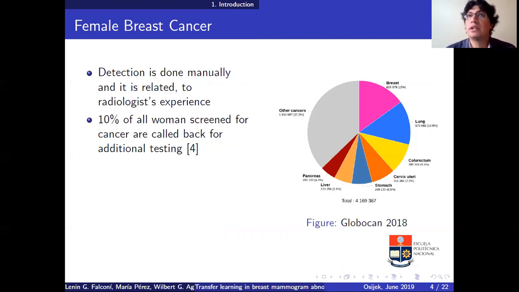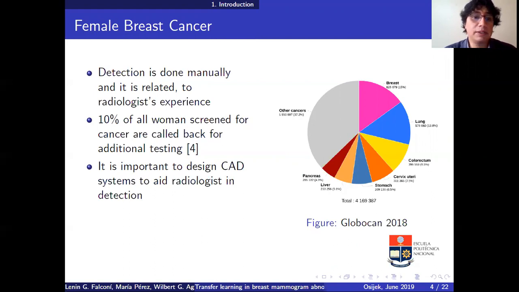I know this is a drawback in the procedure, since being called back for a biopsy test affects the quality of life of any one of us. Also in the picture, you can see most of the cancer types that are affecting women according to GLOBOCAN, and you can see that breast cancer is the one that affects the most.